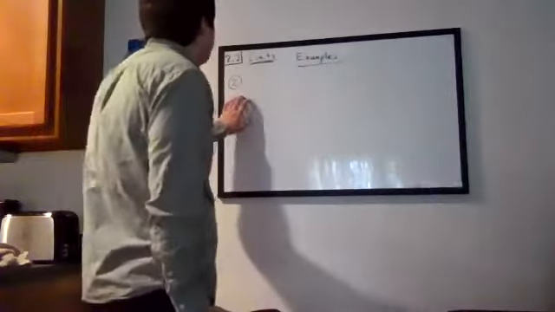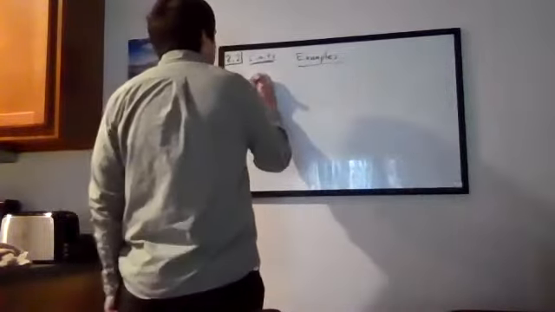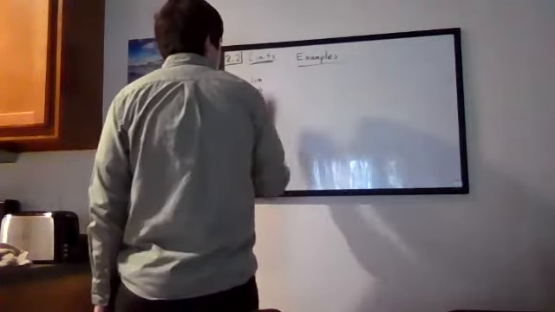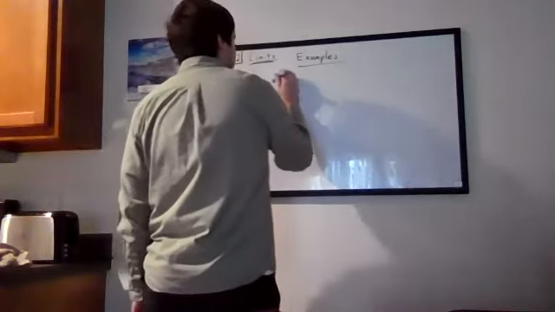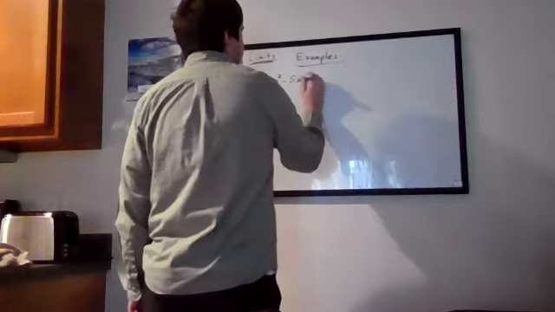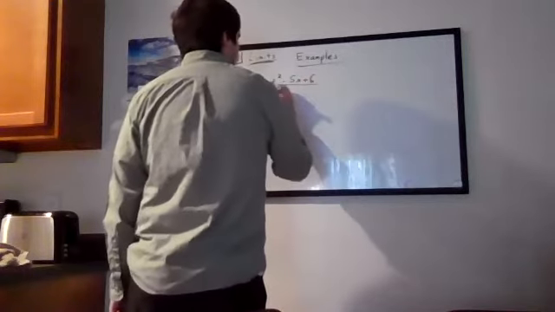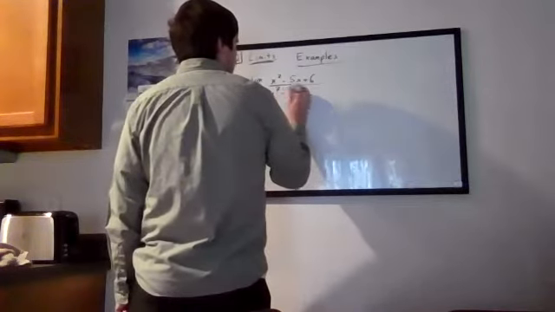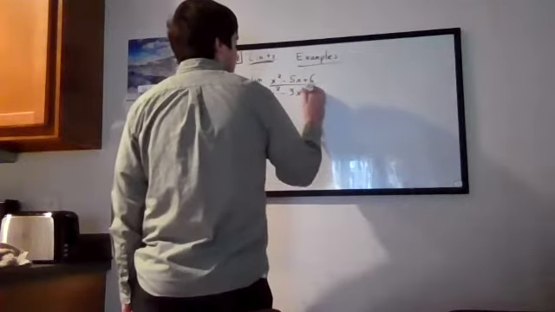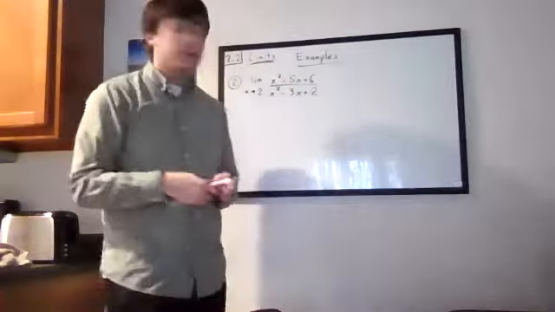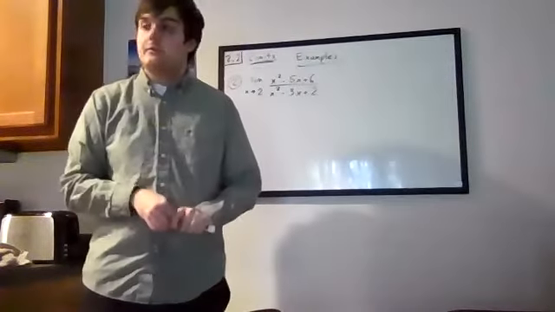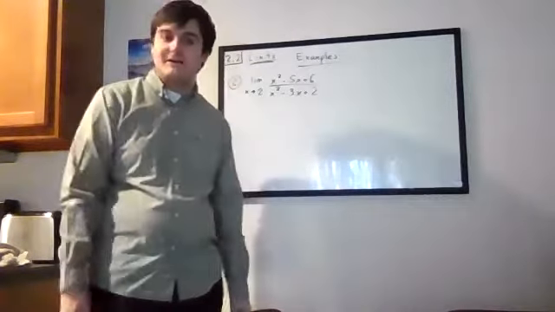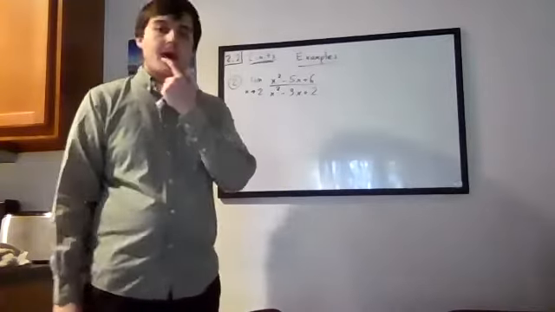So let's do the limit as x approaches 2, why not, of x squared minus 5x plus 6 over x squared minus 3x plus 2. Well, we've got a couple of polynomials now, one on the top and one on the bottom. So this is a little interesting.